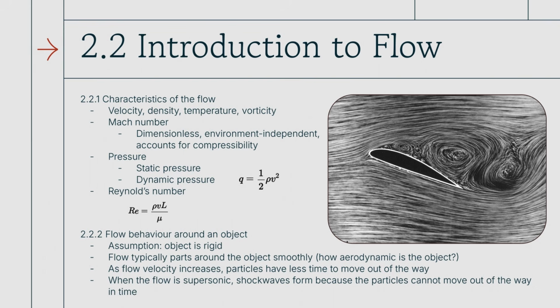If I say the flow is moving at 1,000 meters per second, that doesn't tell me anything about the temperature of the flow or the ambient pressure or how it's moving. I might be moving at 1,000 meters per second but still be subsonic. If I talk about the flow in terms of its Mach number, then I know if the flow is supersonic or subsonic.